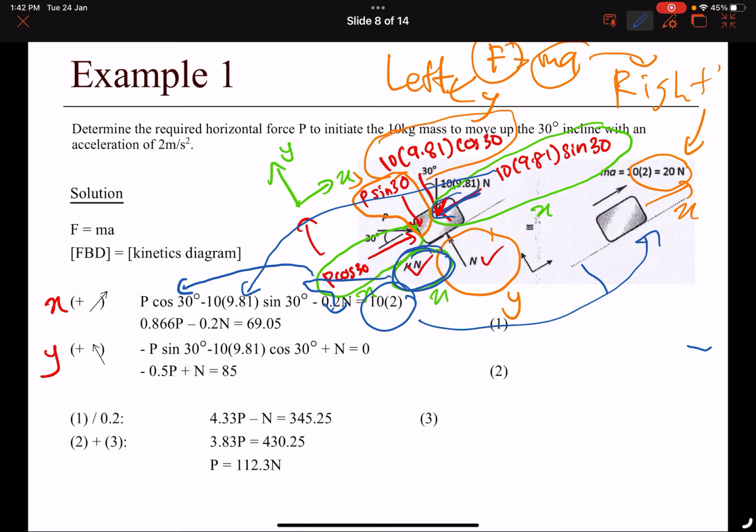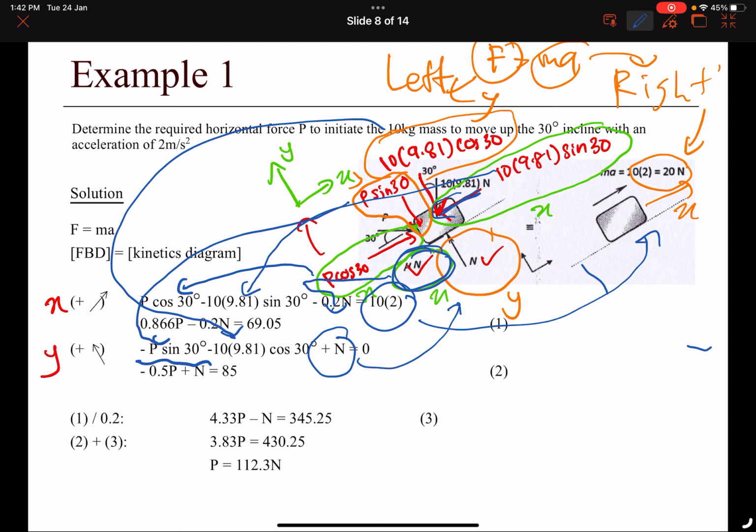And then for y, this one P sine 30 should be negative. This one should be negative as well, pointing downward, and also the normal is pointing upward.